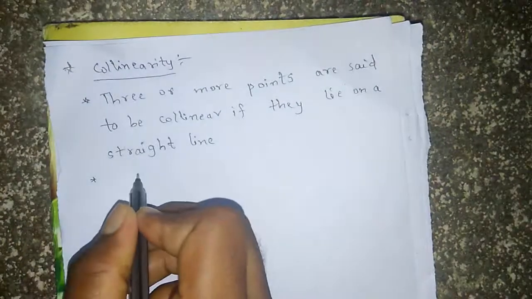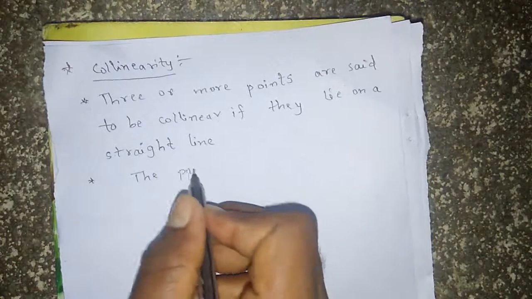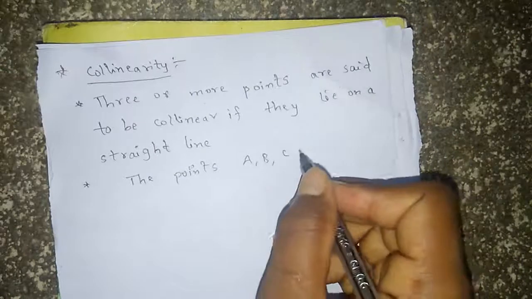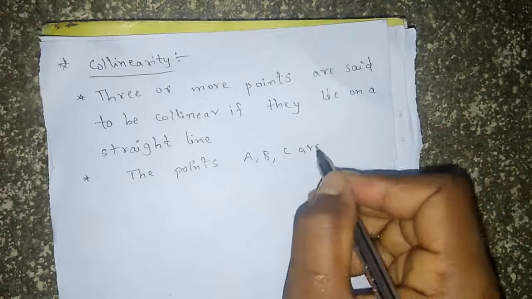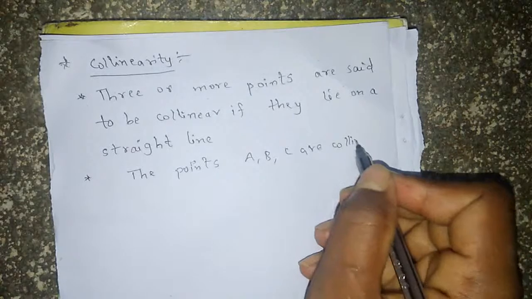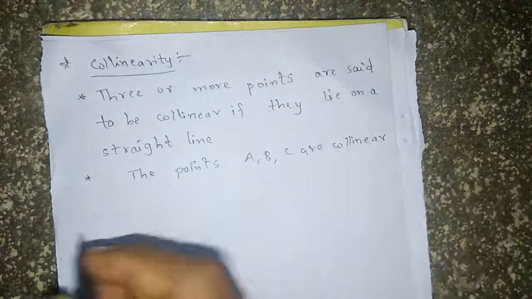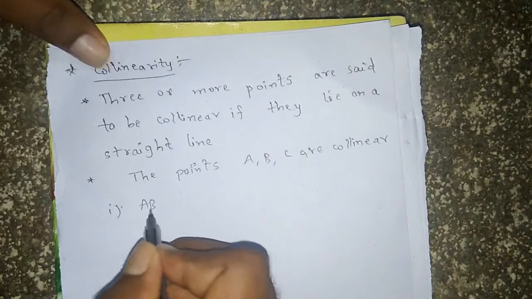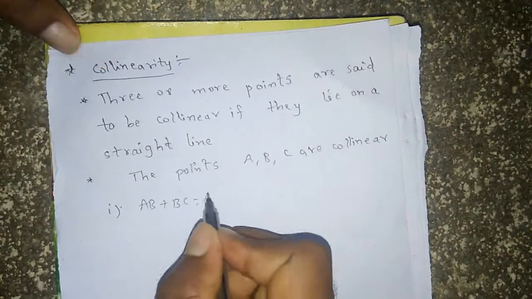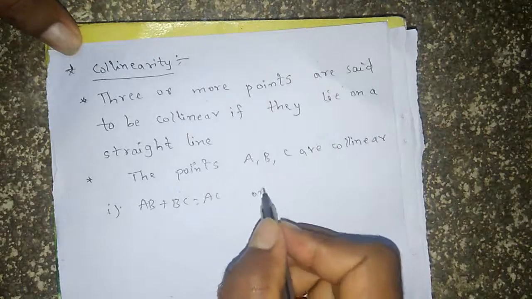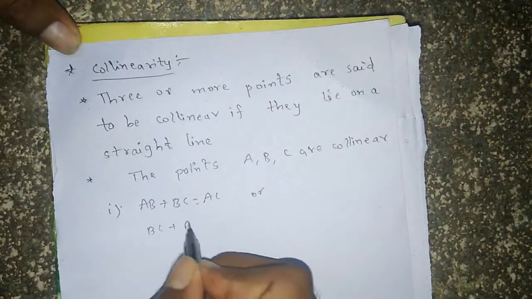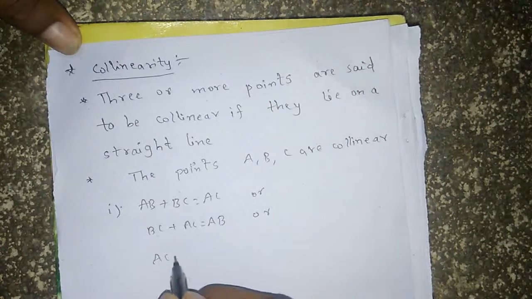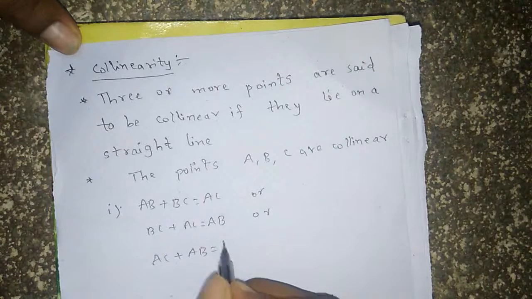Next point, the points A, B, C are collinear if AB plus BC is equal to AC, or BC plus AC is equal to AB, or AC plus AB is equal to BC.